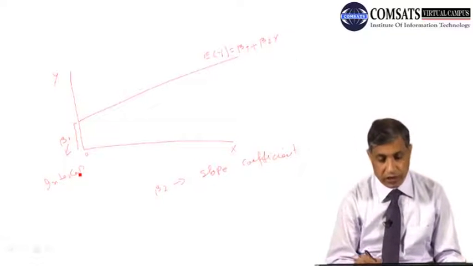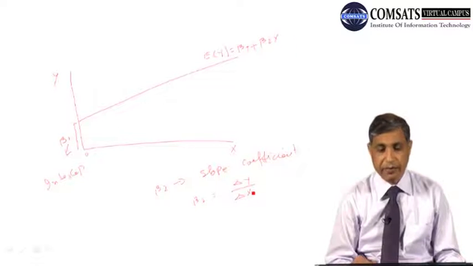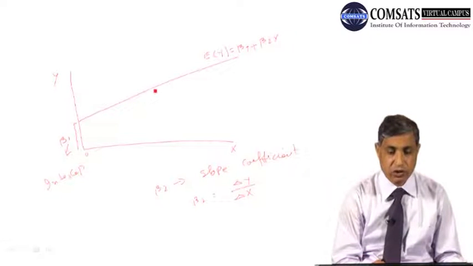And what is the slope coefficient? Beta 2 measures the change in the dependent variable with respect to the independent variable. So if I want to see the slope at this point A and this point B, I will simply come here and connect it with this one.